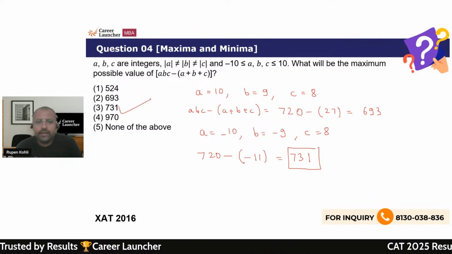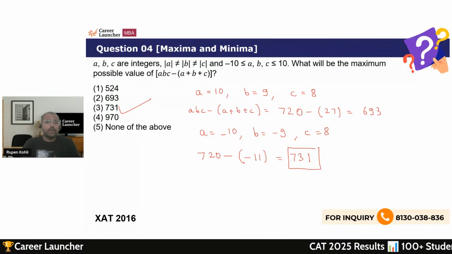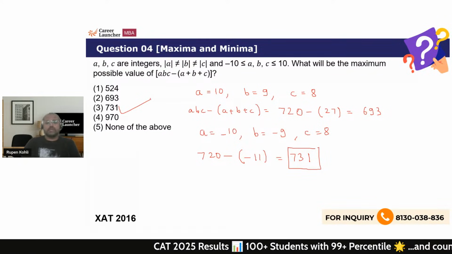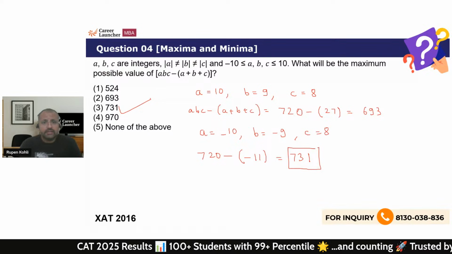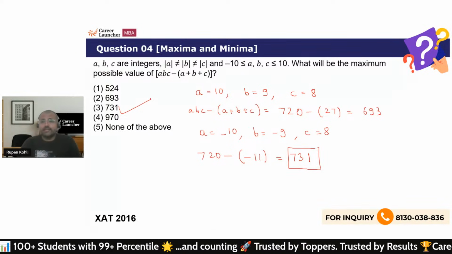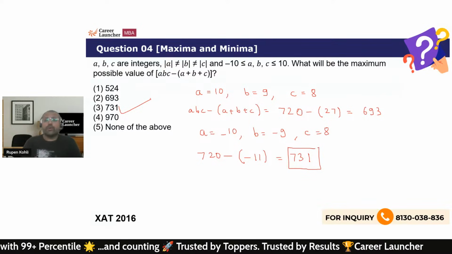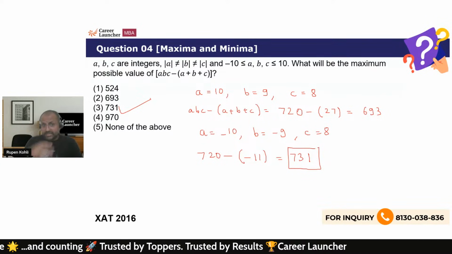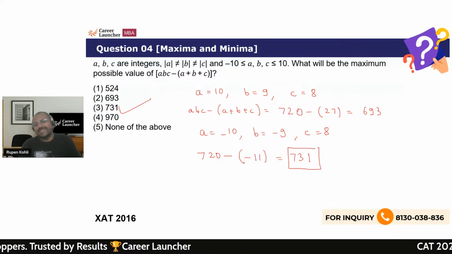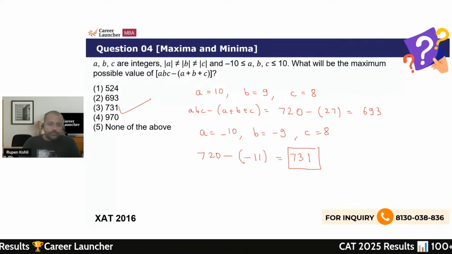So this kind of realization. We have seen several such questions in recent years where such kind of judgment or discretionary thinking is required, about what values to substitute. This kind of maxima minima questions, right? So you should be aware of these.